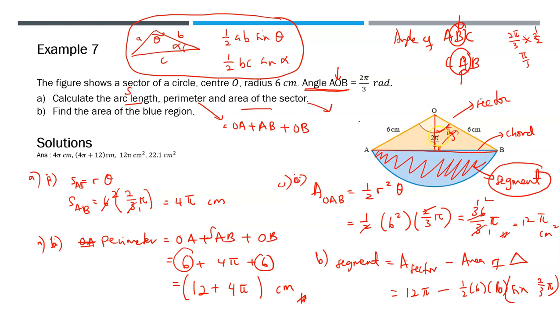Tapi kena guna cos because you have the hypotenuse and you want to find the adjacent, so we will use cos lah kan. Cos pi over 3 equals to adjacent, katalah sini we denote as M. Okay, so we want to find OM. OM over 6, then you can find OM kan. So 6 cos pi over 3.